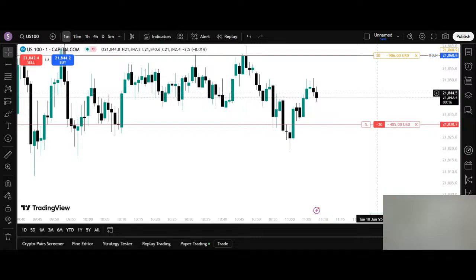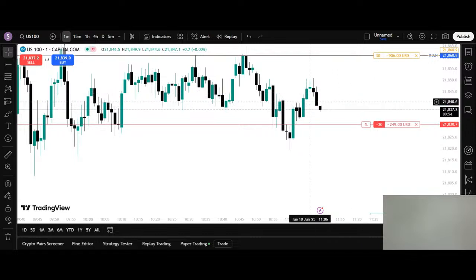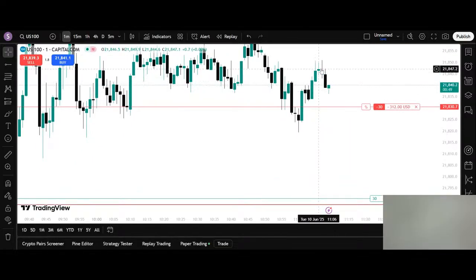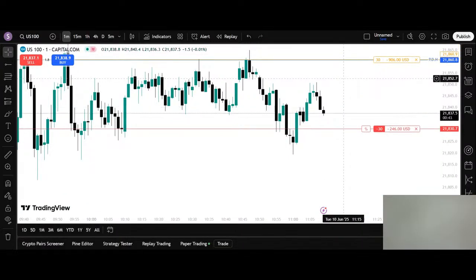Gonna have to wait for it. Just have to trust the trade. Price seems to come a little lower now. Closed these bullish FVGs, which is a good sign. But I honestly can't really say much right now. I'm just gonna have to wait and see.